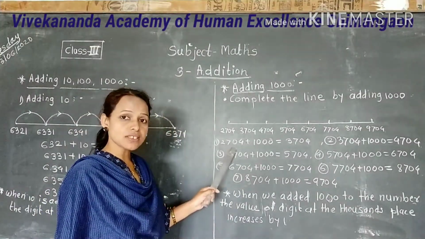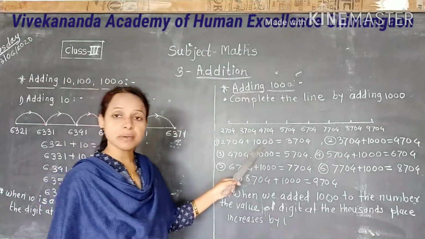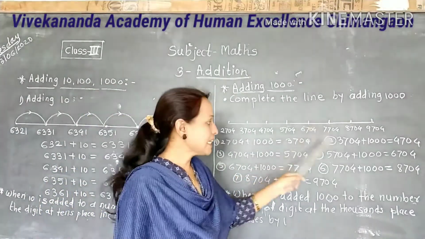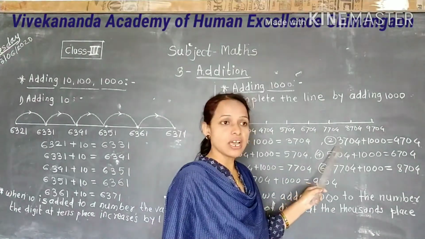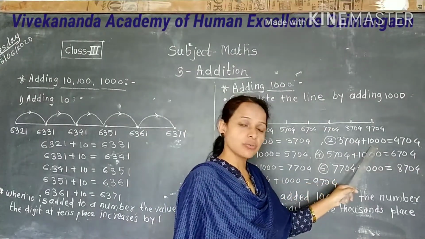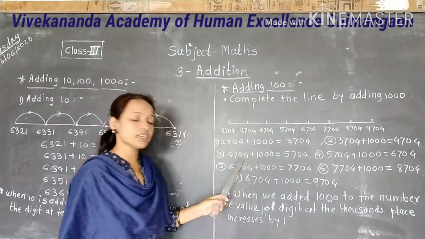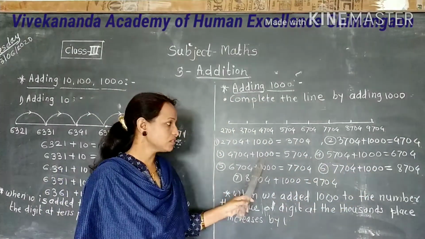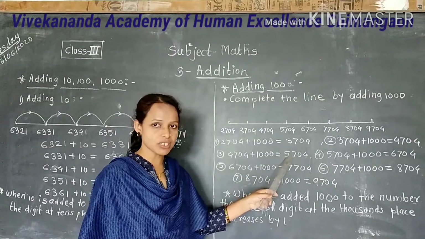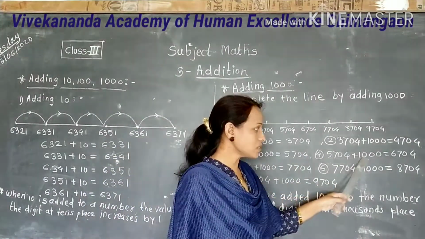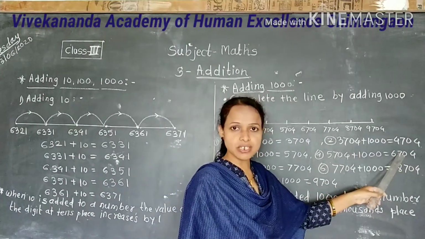By adding 1000 to 2704 we got 3704. In 3704 add 1000, we got 4704. In 4704 add 1000, we got 5704. In 5704 add 1000, we got 6704.